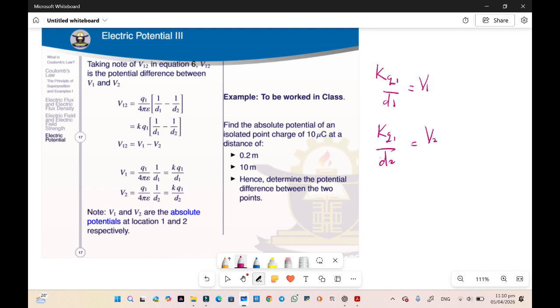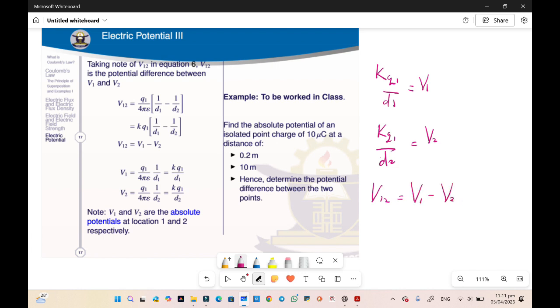So the potential at a position D2 is given as KQ1 over D2 with respect to Q1. Then the potential with respect to Q1 at a position D1 is given as V1. And the potential difference, which is voltage, between the two is equal to V1 minus V2.